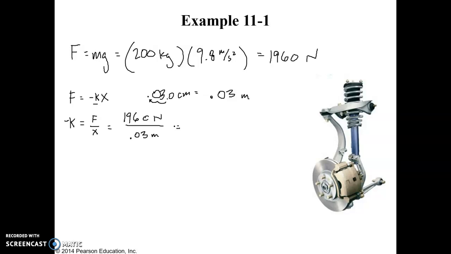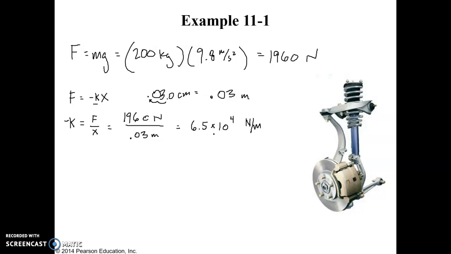So 1960 divided by 0.03 gives me 6.5 times 10 to the 4th. Is that right? I think so. And those units are newtons per meter.